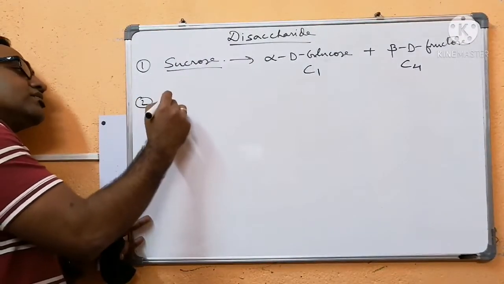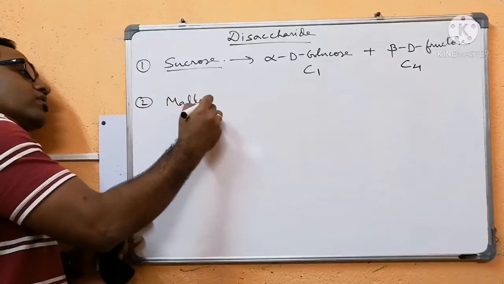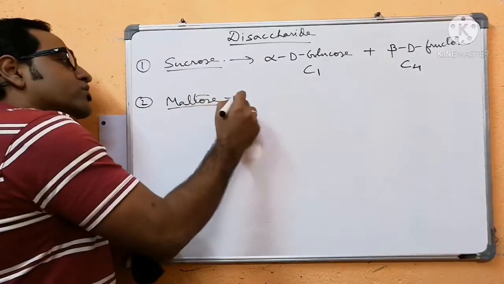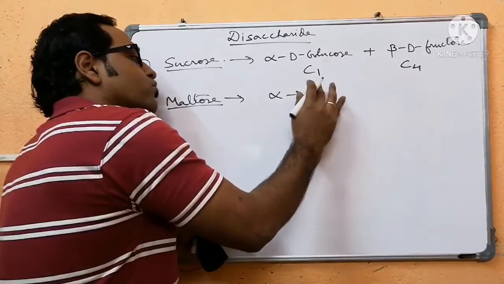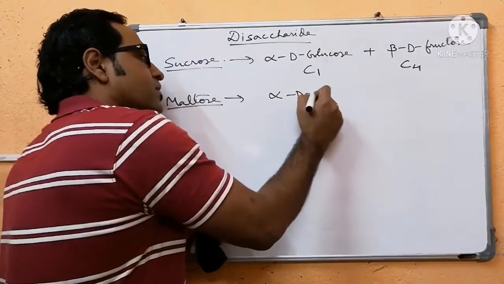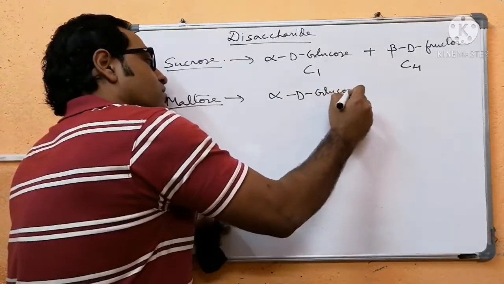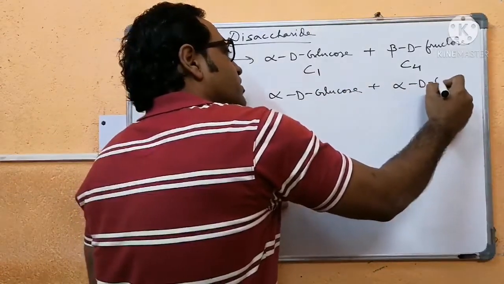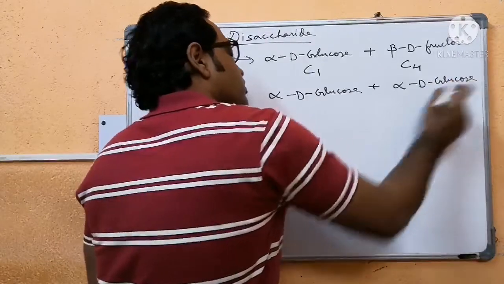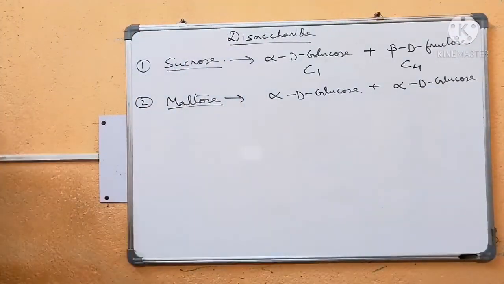The second one is maltose. Maltose is made up of alpha D glucose and alpha D glucose. So both are alpha D glucose.